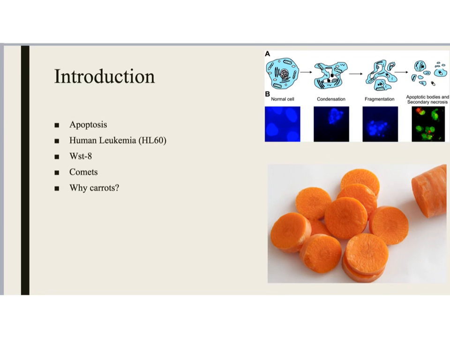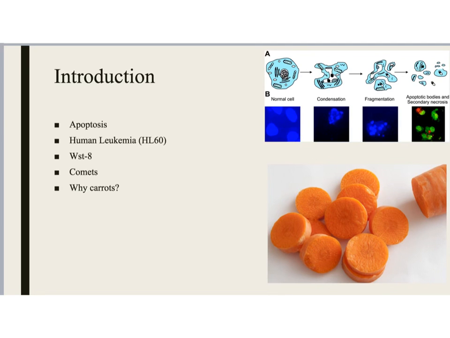To the right, you can see this photo, and it has the normal cell, what it should look like, and different stages of apoptosis that a cell could go through. And if you see at the end, it says necrosis, and that is bad. You don't want that in your cell because it's a cell death that is triggered by an external factor or disease such as trauma.